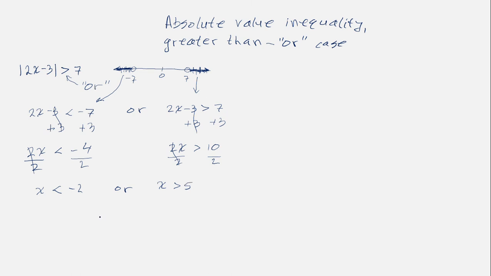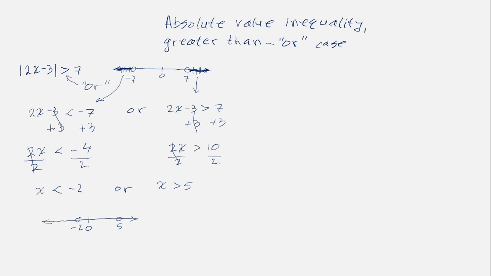So any number that's either smaller than negative 2 or greater than 5 will satisfy this inequality, would be part of a solution for this inequality. So on a number line, if we now want to put our x's on a number line, 0 being here, negative 2 is right here, and positive 5 is right there.